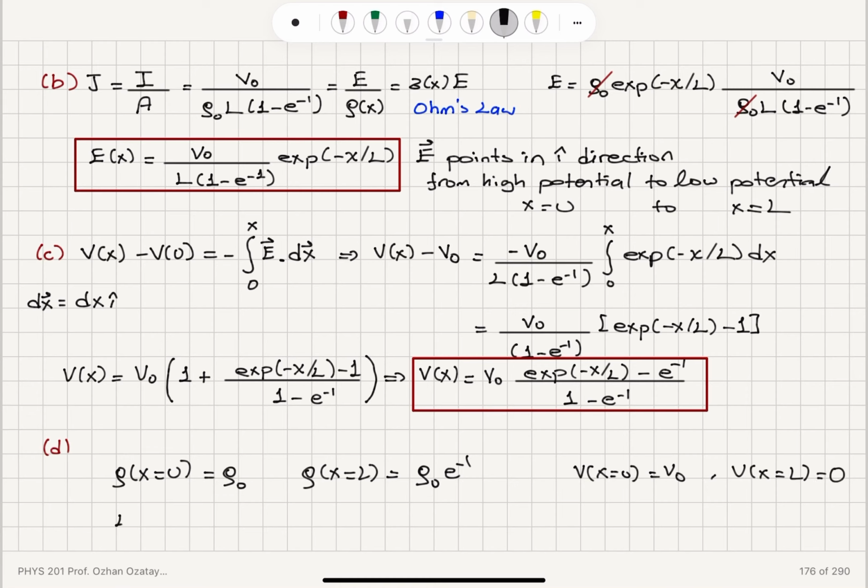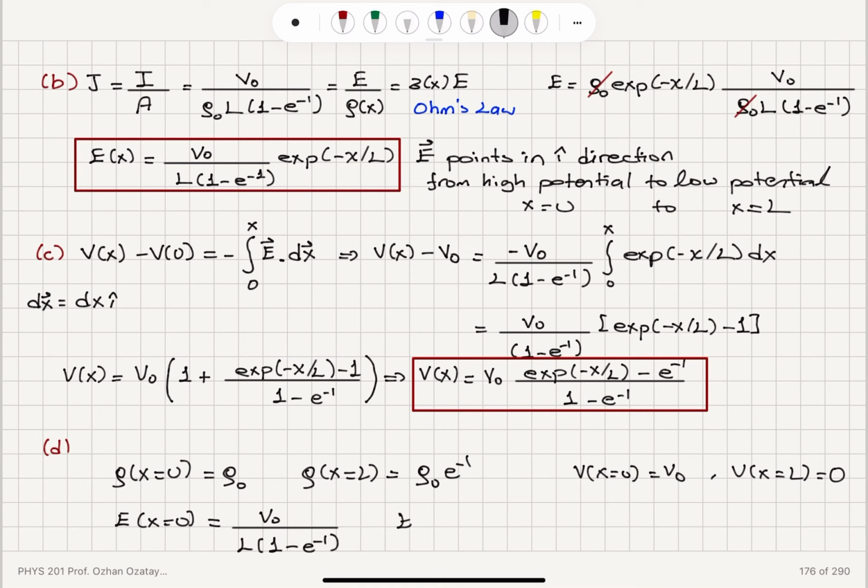On the other hand, the electric field at x equals 0 is, if I substitute here x equals 0, I will obtain exponential minus 1. So this is going to be x equals 0. So this is going to be 1. So this will be the answer, V0 divided by capital L times 1 minus exponential minus 1.